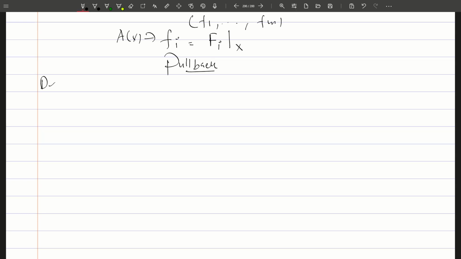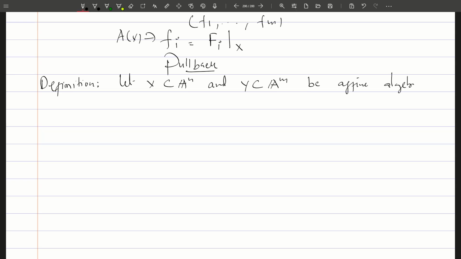So we have the definition here. Let us consider X in A^n and Y in A^m, and suppose they are affine algebraic sets.